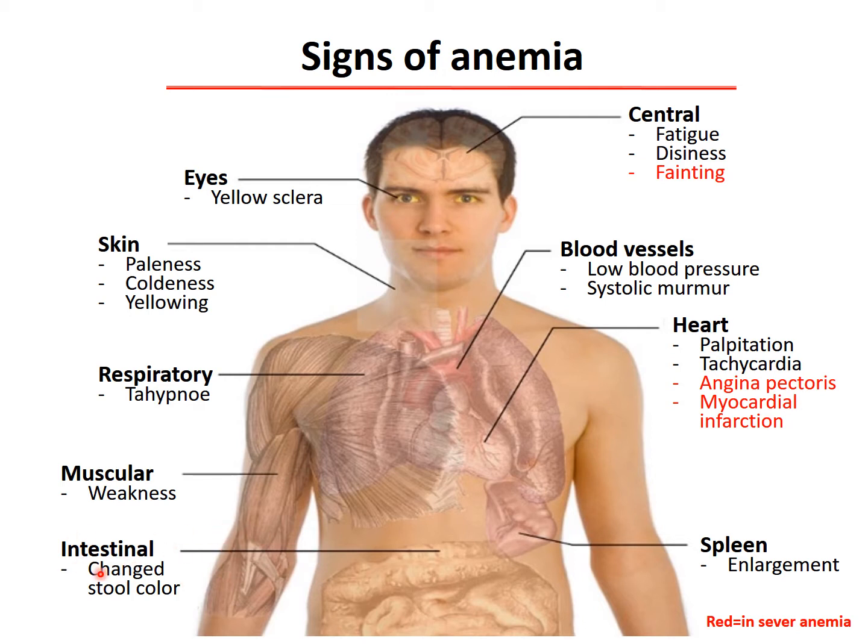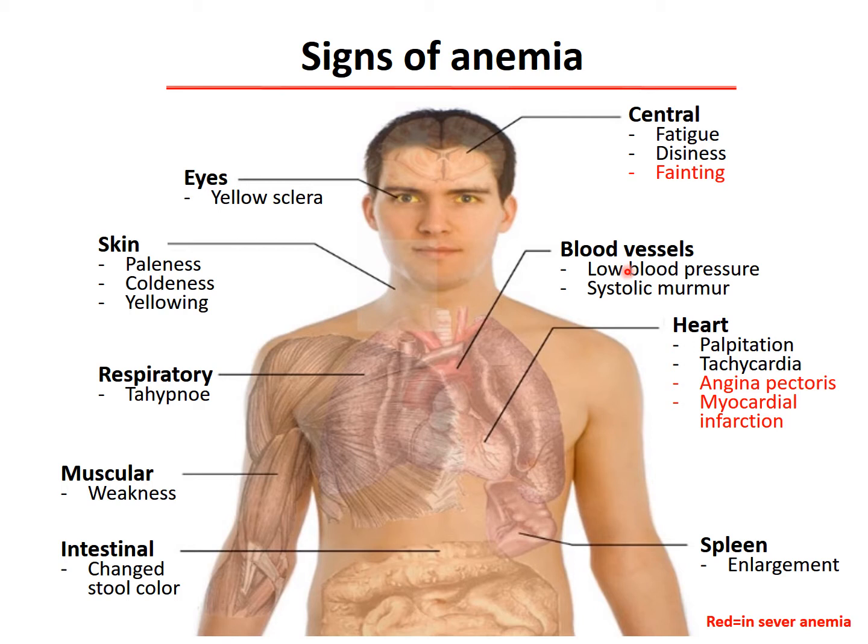Intestinal problem: change in the color of the stool. It can be bloody, black, or tar-like. A lot of things can mean that some cause, bleeding or hemolysis, for example, could cause the anemia. Spleen enlargement can be the cause or the consequence, for example, of immune-mediated anemias.